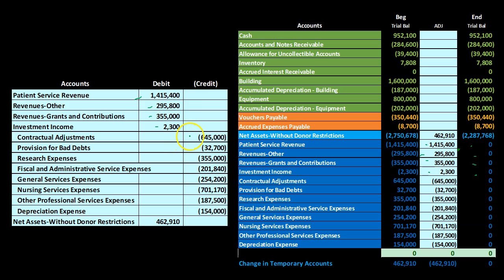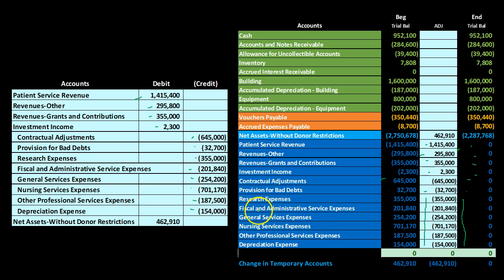Then we have all the credits to all the expense accounts. So we credited the adjustment, making it go down to zero. We credited the provision for bad debts, making it go to zero. We credited the research, the fiscal and administrative, the general, the nursing, the other, and the depreciation, making them all go down to zero. And that's what we wanted.